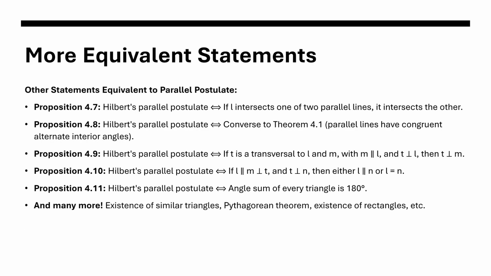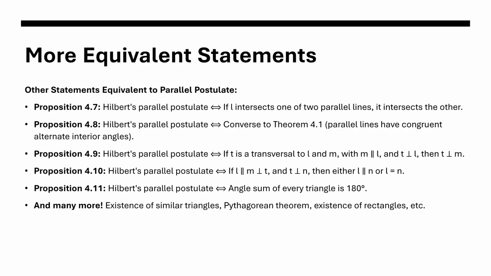So, and many more: existence of similar triangles, the Pythagorean theorem, existence of rectangles, and so on. Take note that all these statements are equivalent. They form a web of connections.